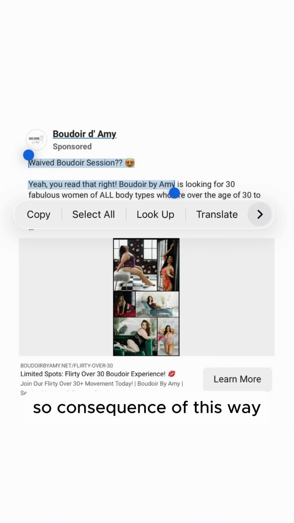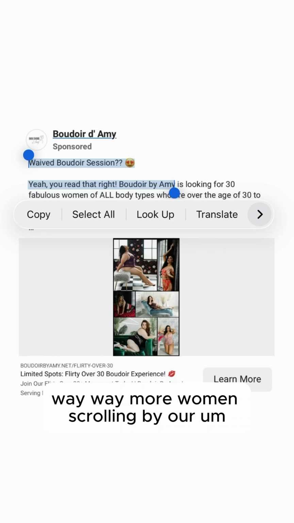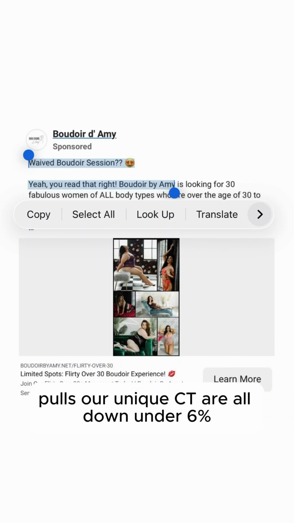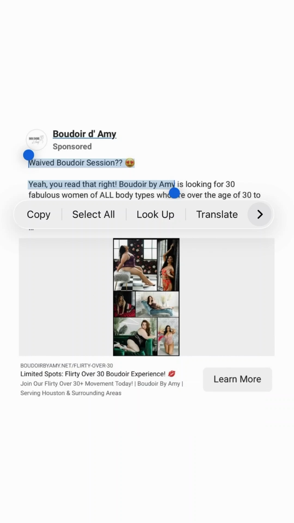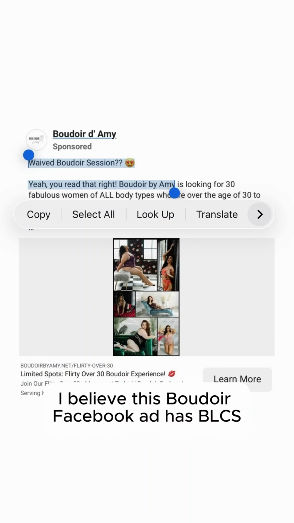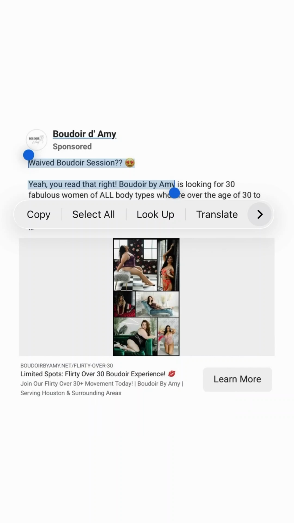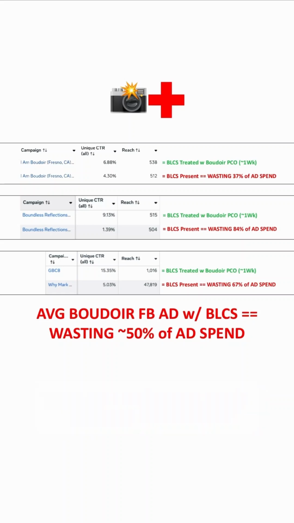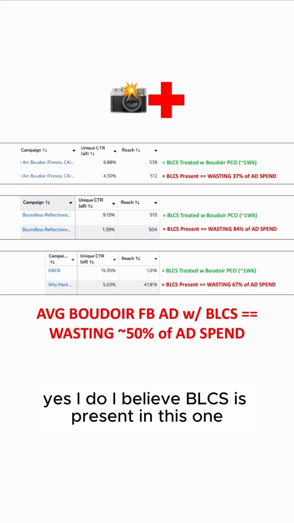So the consequence of this is way more women scrolling by our Boudoir Facebook ad than necessary, and as a result, pulls our unique CTR all down under 6%, and contributes to BLCS, Boudoir low click syndrome. So my diagnosis: do I believe this Boudoir Facebook ad has BLCS, Boudoir low click syndrome, aka a unique CTR all under 6%? Yes, I do. I believe BLCS is present in this one.